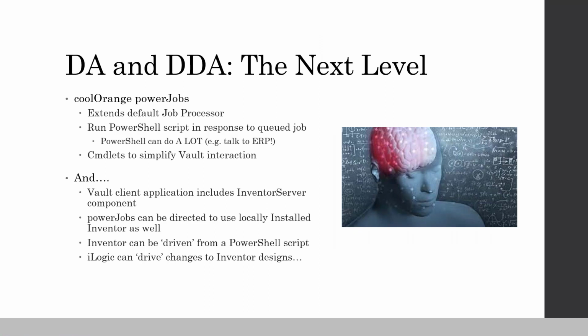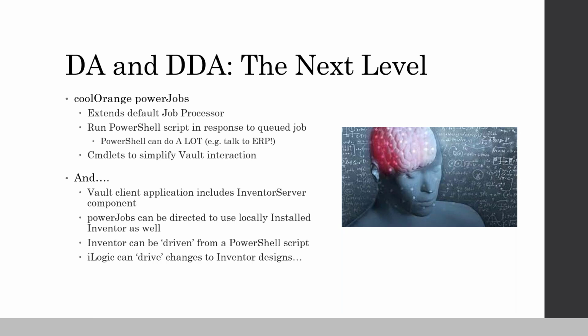But powerJobs also has this whole framework within PowerShell to make interacting with the Vault easier. So we talked earlier about iLogic and how the iLogic snippets and the iLogic commands can abstract away the API, meaning you don't have to go straight to the API to interact with Inventor if you use iLogic. powerJobs does the same thing, but for Vault.